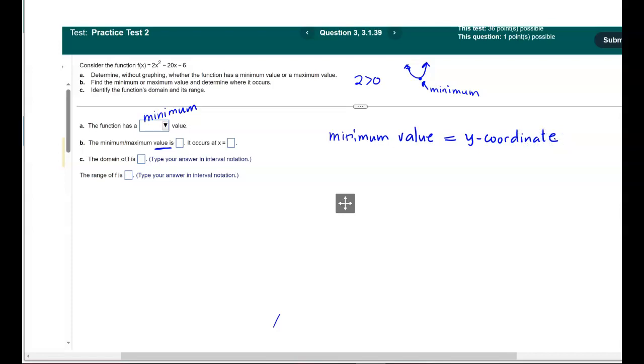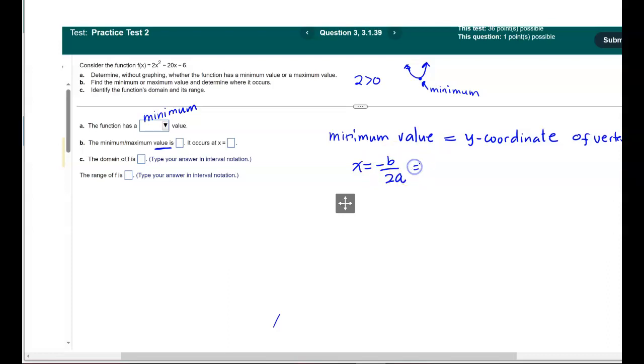So to get the y-coordinate of the vertex of the parabola, you first get the x-coordinate, which you can compute using the formula negative b over 2a.